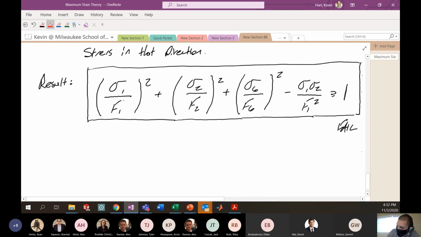Now, what you notice here is that I haven't specified F1T or F1C. I haven't specified F2T or F2C. F6 is kind of irrelevant, but the point is that you need to specify F1 as F1T or F1C.